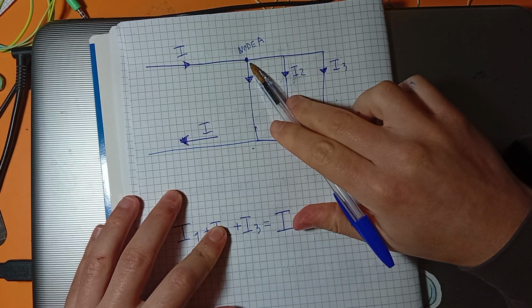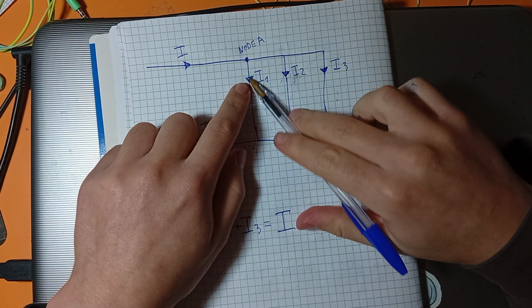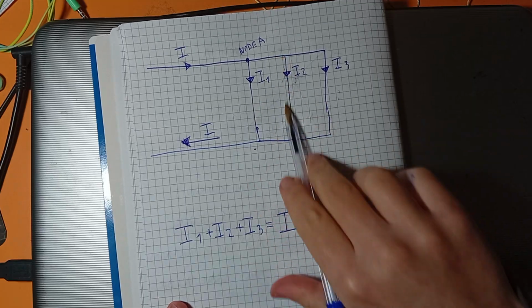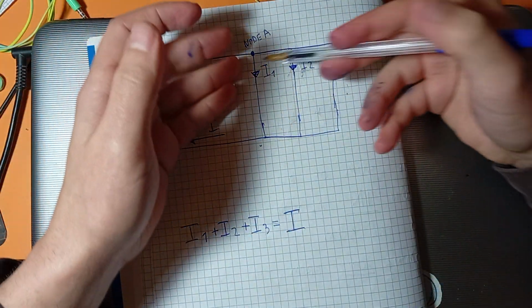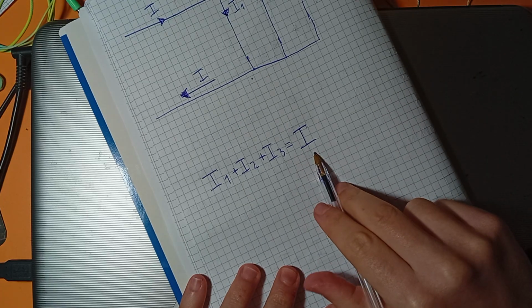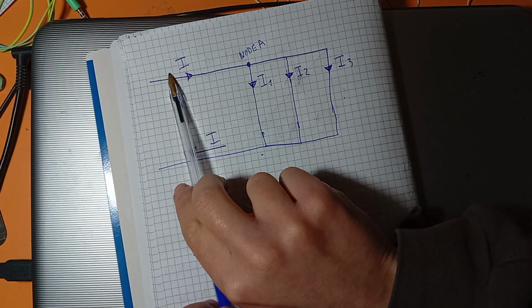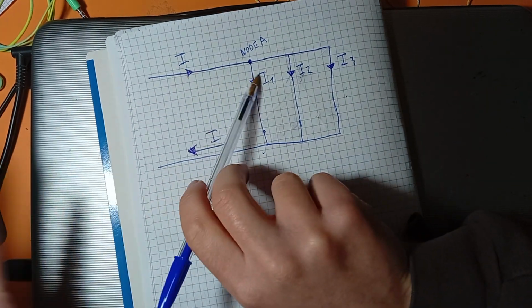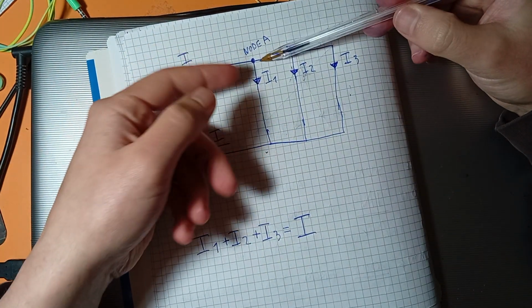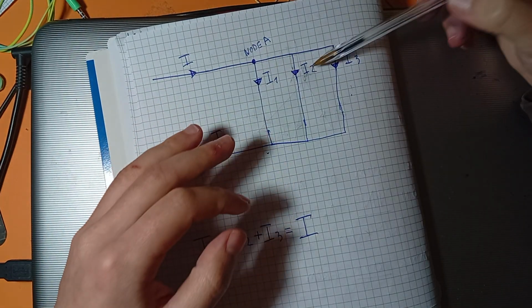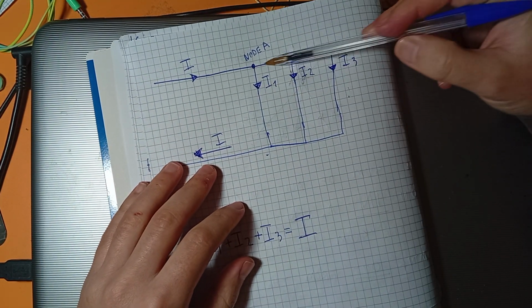This is the node A. From this node, I enters, and I1, I2, and I3 come out. So the current entering this node is just I, and the sum of the currents coming out is I1 plus I2 plus I3.